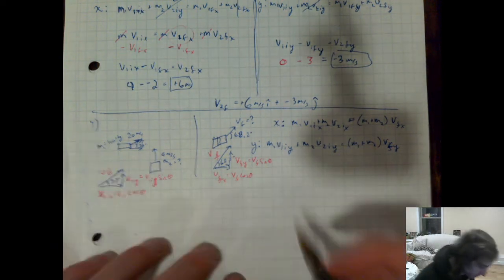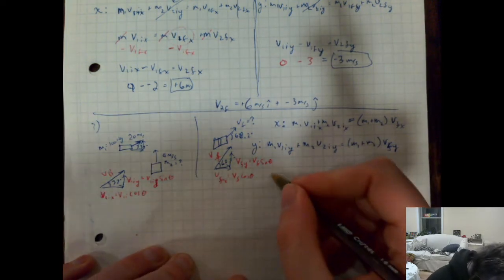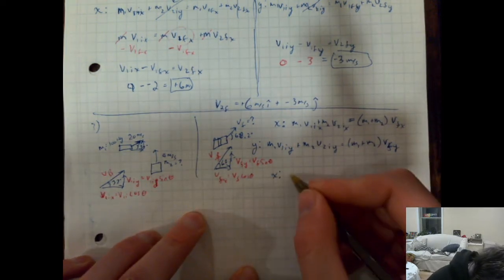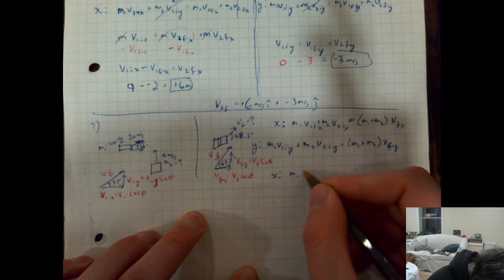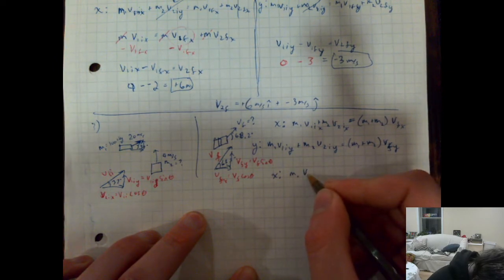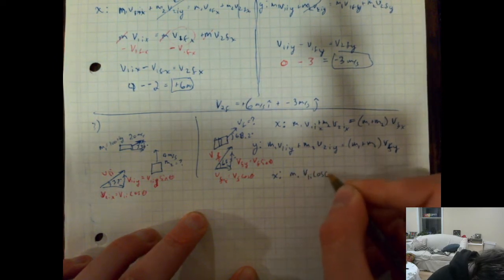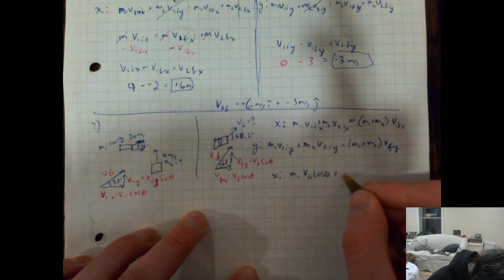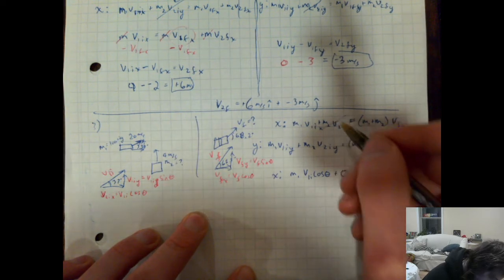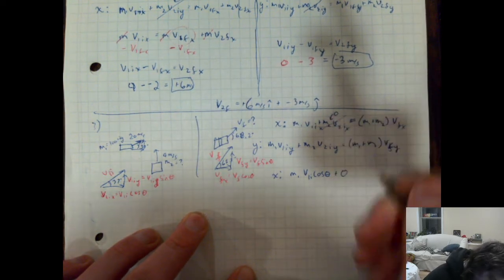Great. So equation time. In the x direction, when we plug stuff in, we'll get our m1, which we know, times v1 initial times the cosine of our angle, plus 0, because our truck was not moving in the x direction.